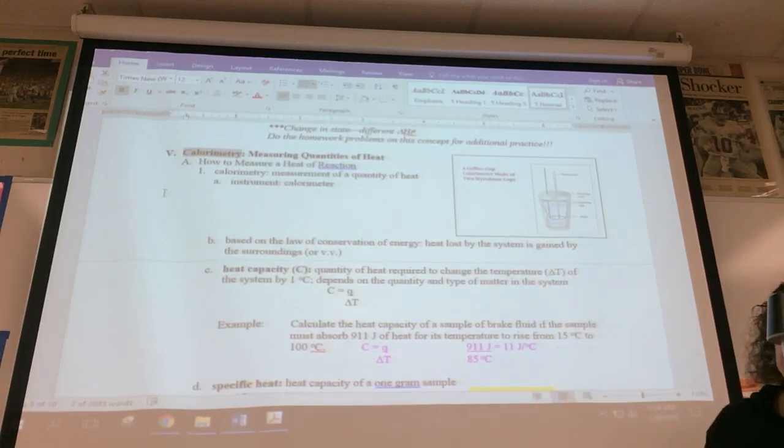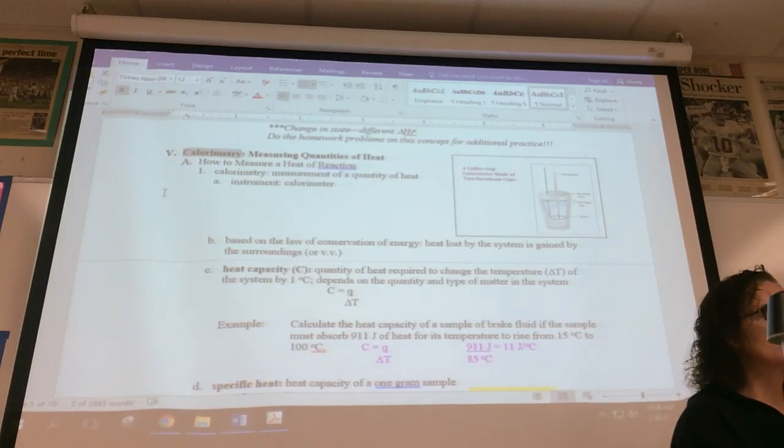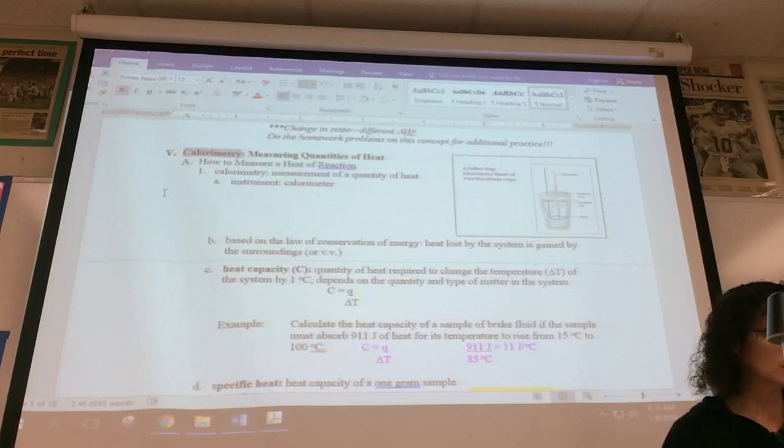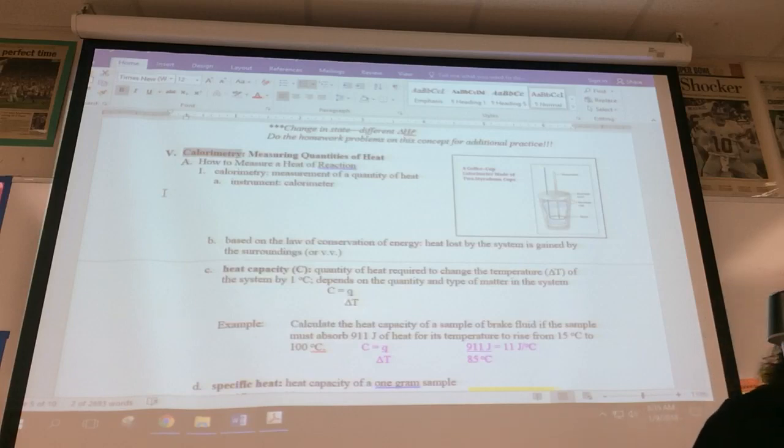Calorimetry allows you to measure quantities of heat. You can measure things such as specific heat. You can measure heats of fusion, heats of vaporization, etc. We're going to look right now more at heat capacity as well as specific heat. I mentioned heat capacity here. It does come up a little bit on the exam as well as on your lab.